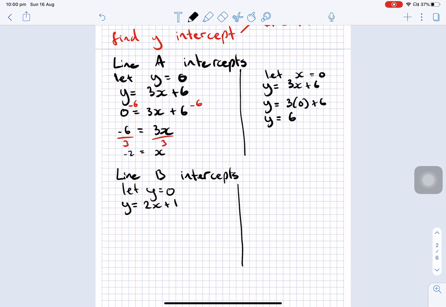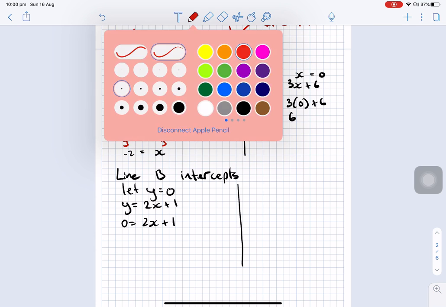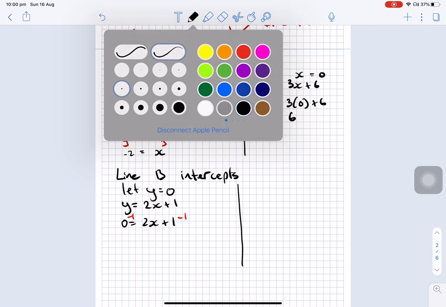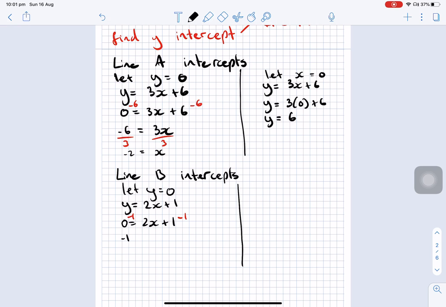Now we let y equal 0, so 0 equals 2 lots of x plus 1. We'll take 1 from both sides here.